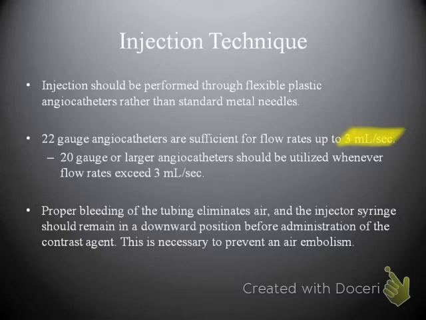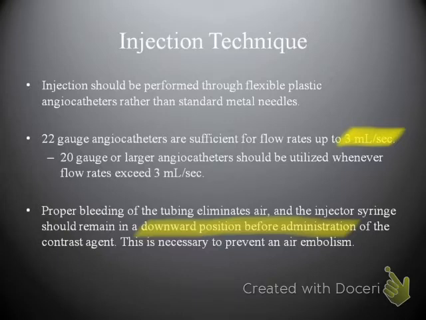Proper bleeding of the tubing eliminates air, and the injector syringe should remain in a downward position before administration of the contrast agent. That's something that a lot of people don't keep in mind either: when you finish drawing up or filling your injector, put it in a downward position so that the air actually goes to the top and you don't inject the air into the patient's body. You do not want to have an air embolism occur, because, as we all know, it's pretty much fatal.